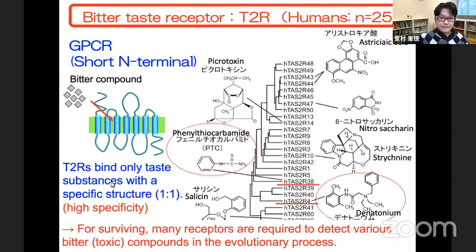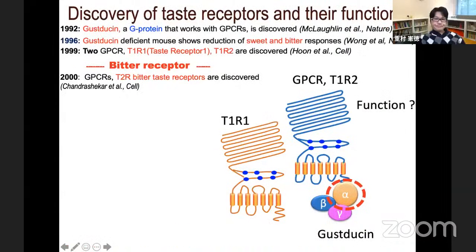These results also suggest that for survival, many receptors were required to detect various bitter toxic compounds in the evolutionary process. In 1999, two GPCRs, T1R1 and T1R2, were discovered, but their function was still unknown.